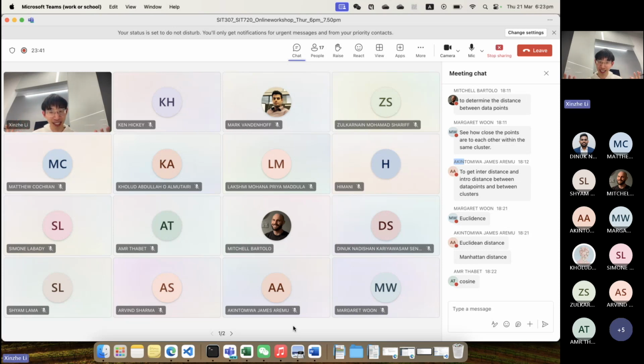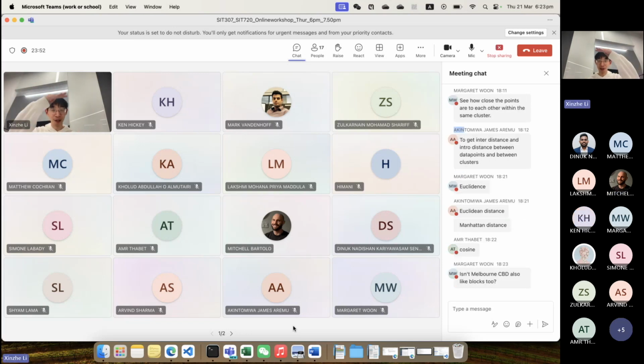Do you notice that? It was like a lot of blocks. You have horizontal lines and vertical lines, perpendicular to each other. It's like a grid.